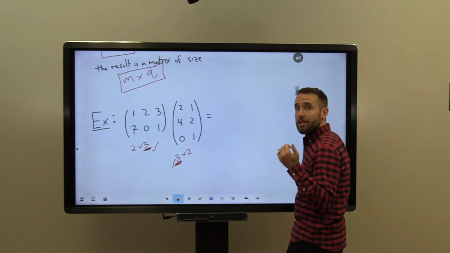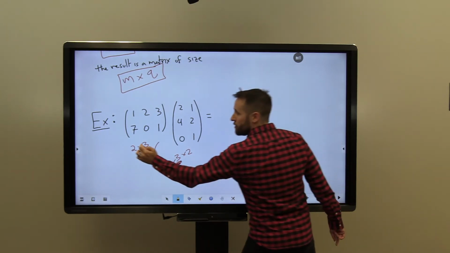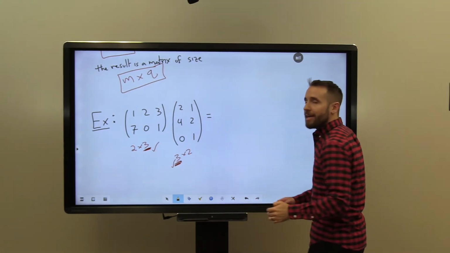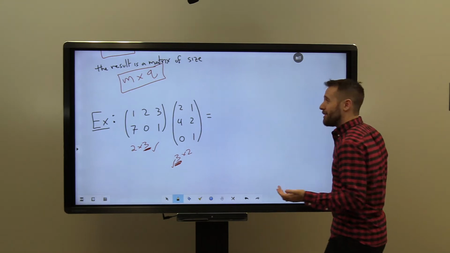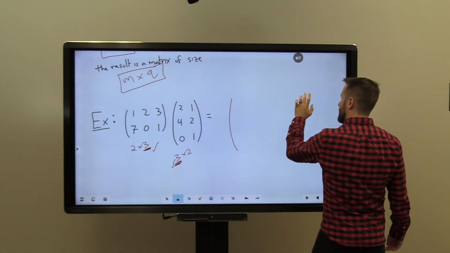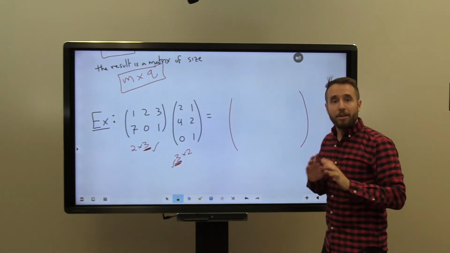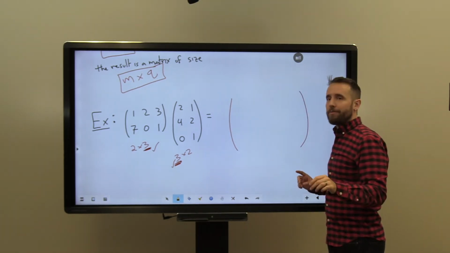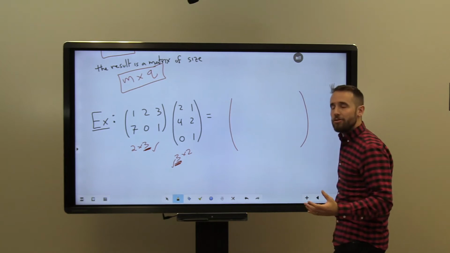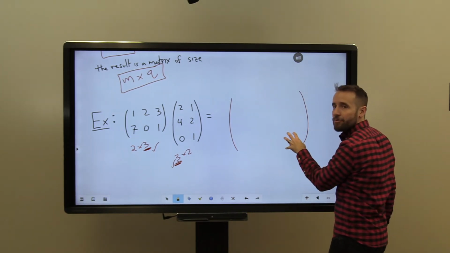Now the result, in this case, will be a 2 by 2 matrix. So we'll get a new matrix that's 2 by 2 as a result. Right? And the way that we multiply this together is going to be completely mechanical. We're going to do this as follows. If this is a 2 by 2 matrix, it'll have these 4 entries in it.